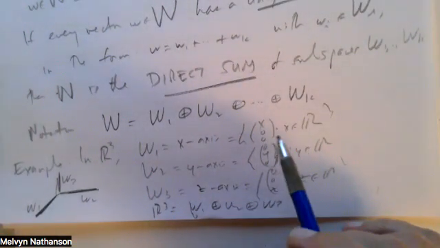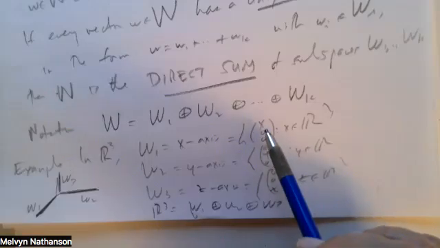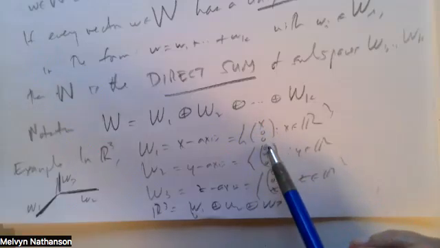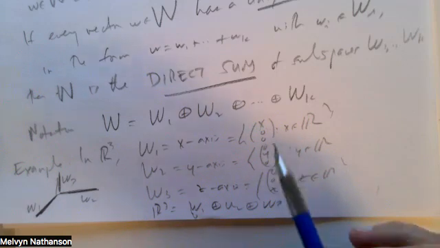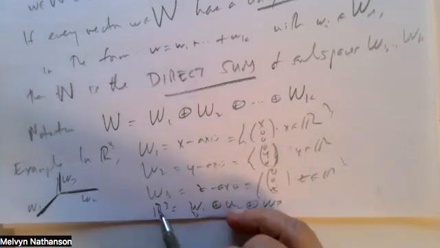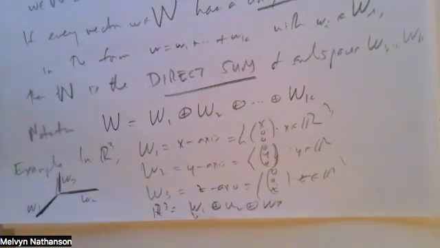Because every vector x, y, z has a unique representation as x, 0, 0 plus 0, y, 0 plus 0, 0, z. And there's several other nice examples in the book to think about.